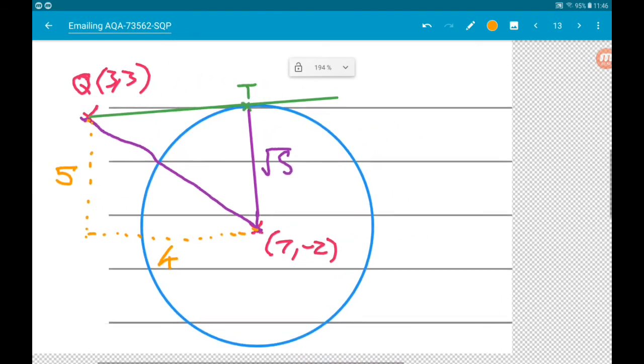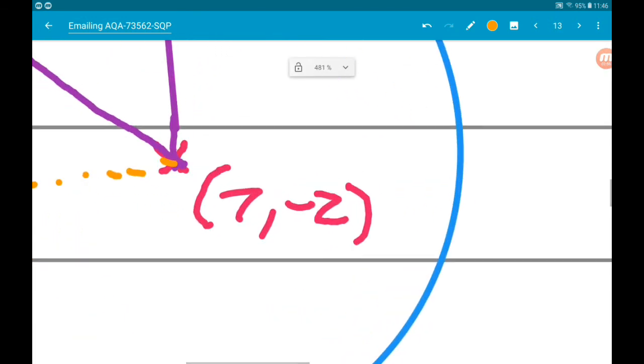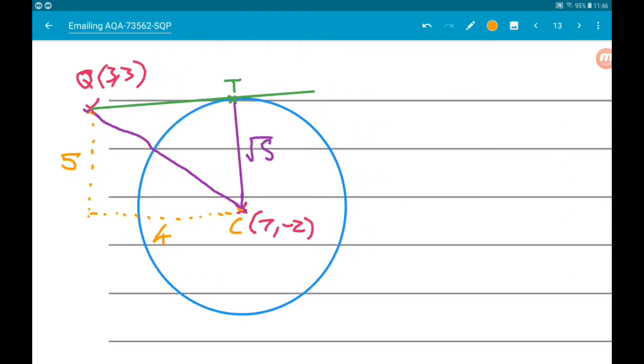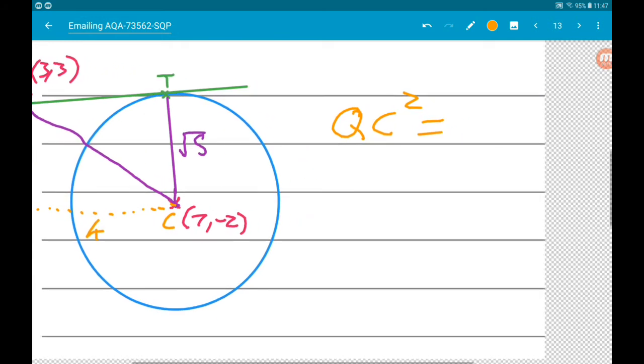So, if we call the centre C, then we know QC squared by Pythagoras is 4 squared add 5 squared.